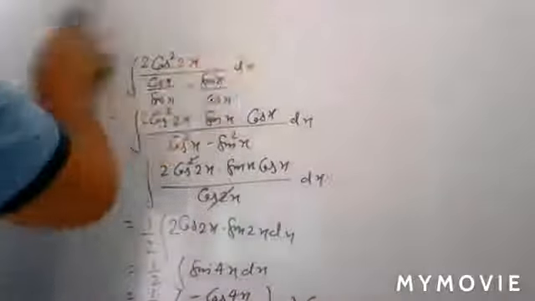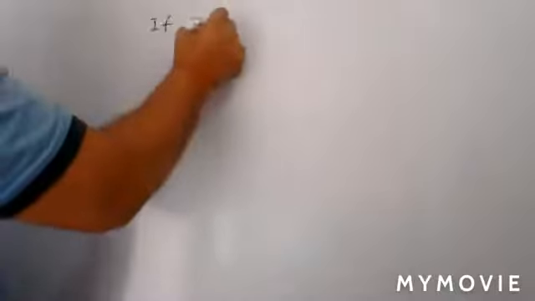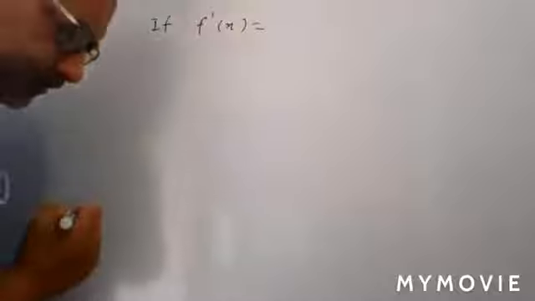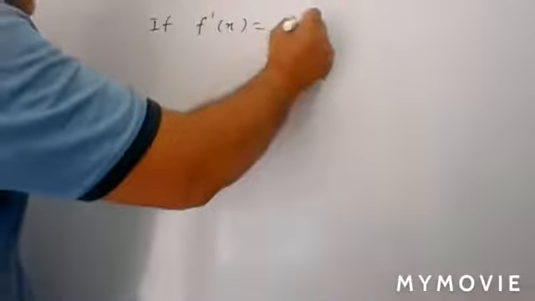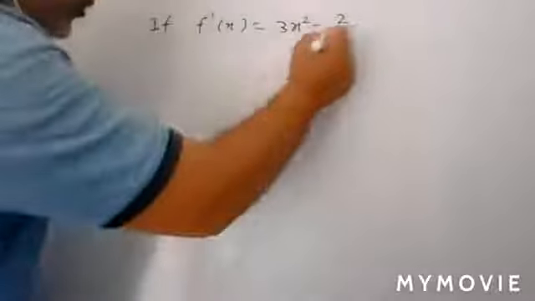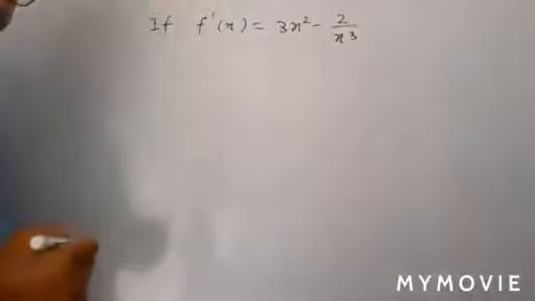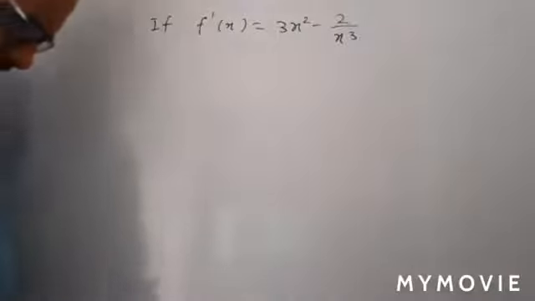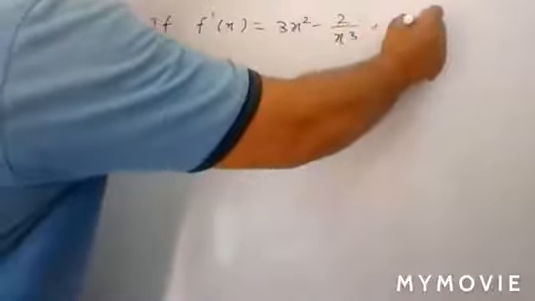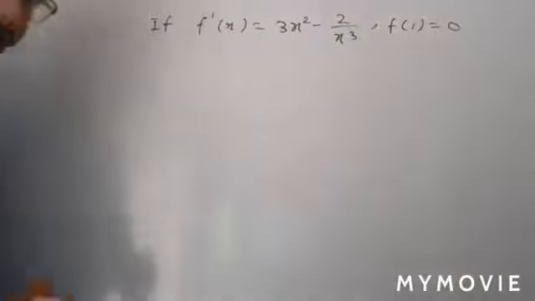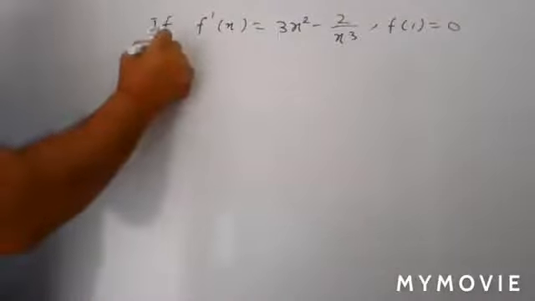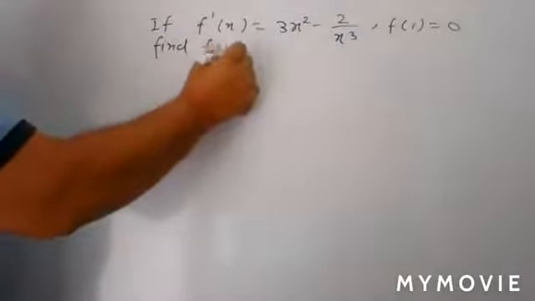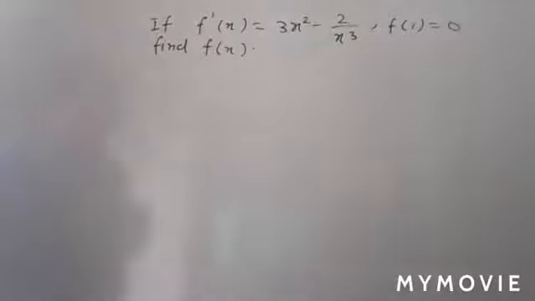If f dash x is equal to 3x square minus 2 upon x cube, and f1 is equal to 0, find fx. You have to find the value of fx. Understand?